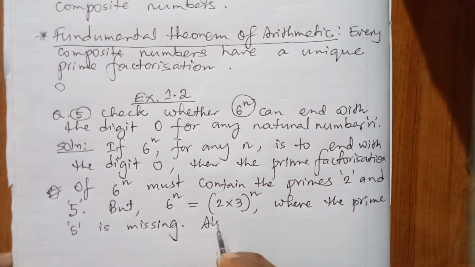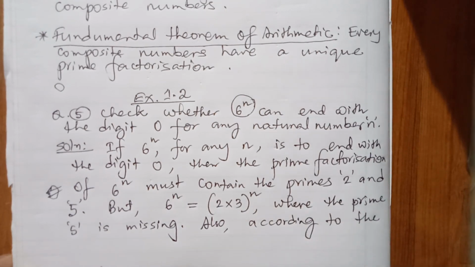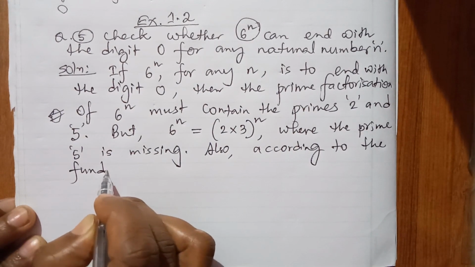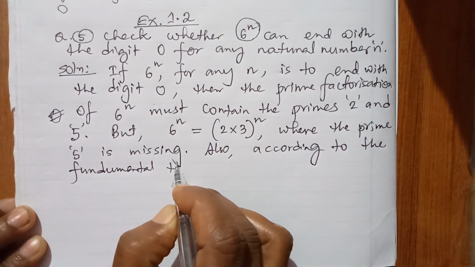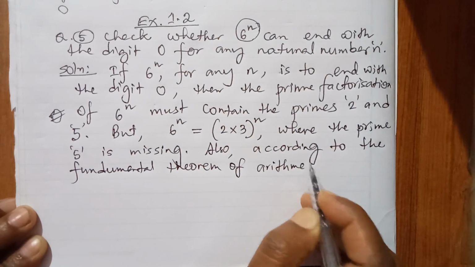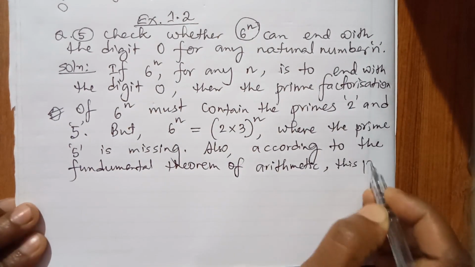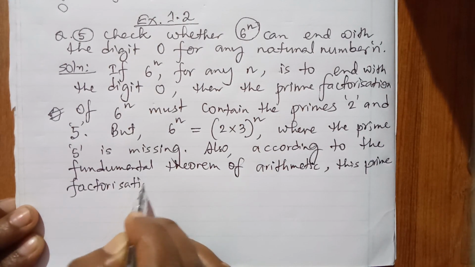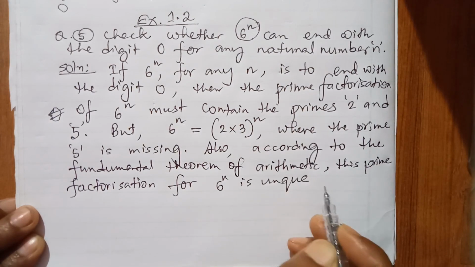Then you write also: according to the fundamental theorem of arithmetic, this prime factorization for 6 to the power n is unique.